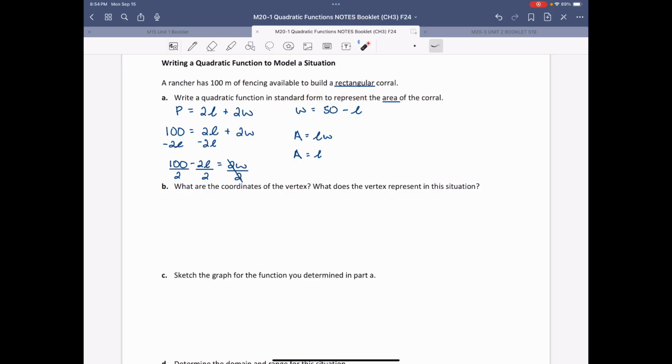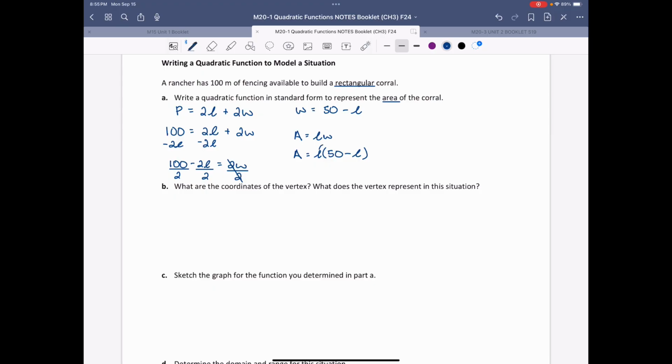I can't have three variables, so I can't have A for area, L for length, and W for width in one quadratic function. I need to just have area and either length or width. So that's why I isolated for W. Now I can write length times width as length times 50 minus L, because 50 minus L is the same as the width for this question.